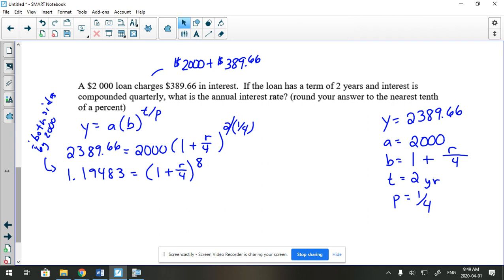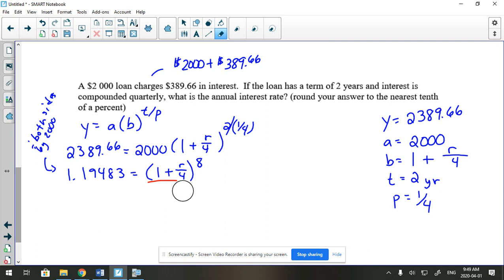Okay, so here's the tricky part. This whole thing here is under the power of that exponent 8. So I need to get rid of that so I can get rid of the brackets and figure out what's going on. So in order to undo an exponent, basically I want to create this exponent to equal 1, because then I don't have to write it and it's gone. So you're going to try and think, what power can I raise it to so that it'll become a 1? Because if I do the same thing to both sides of the equation, it's okay.